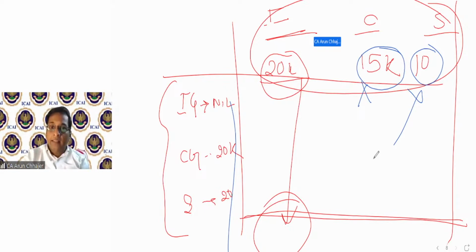Is that clear? I का ITC का बैलेंस हो ही नहीं सकता क्योंकि I का अगर ITC में बैलेंस है तो ये तो यूज ही नहीं कर सकते. So the first point is that it has to be fully exhausted. It will be nil.